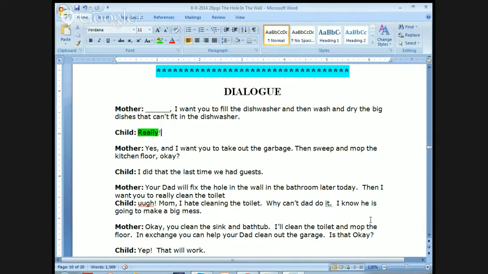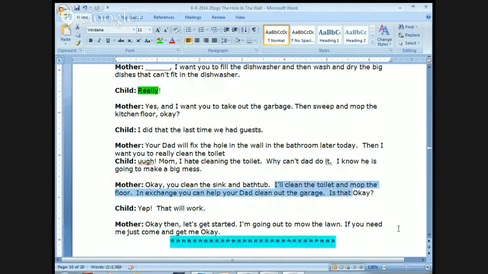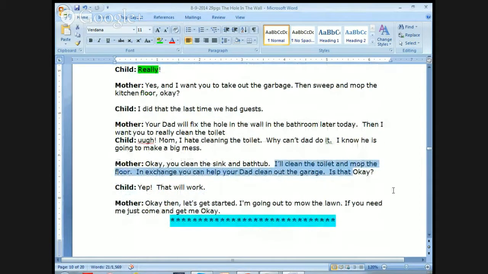Okay, you clean the sink and the bathtub. I clean the toilet and mop the floor. I'll change. You can help your dad clean out the garage. Is that okay? Yeah, that will work. Okay, then let's get started.